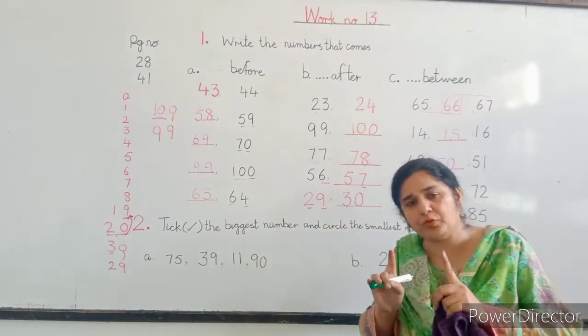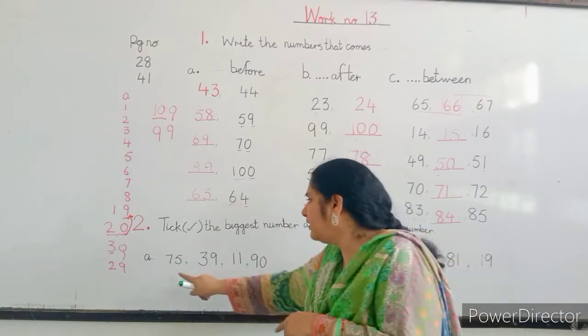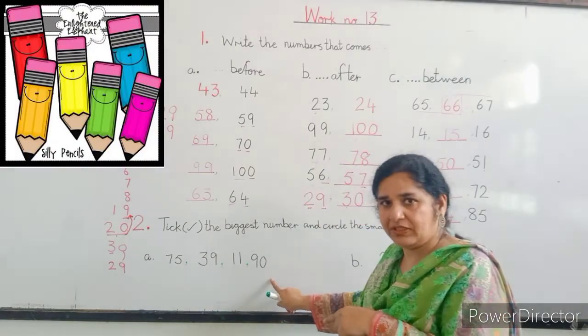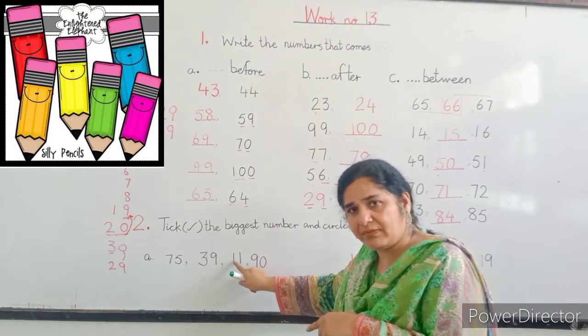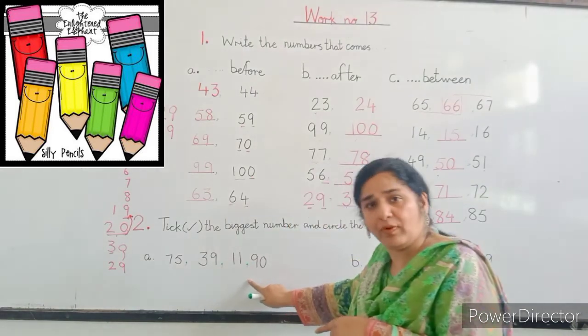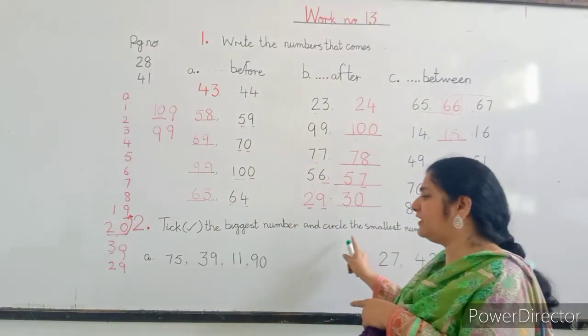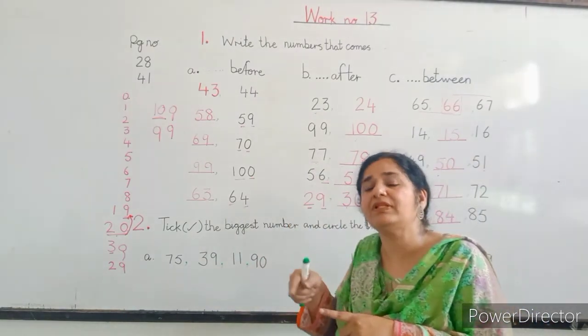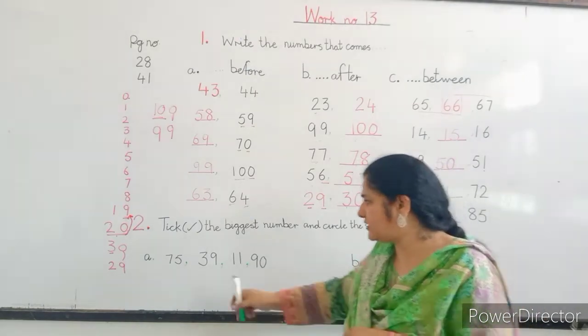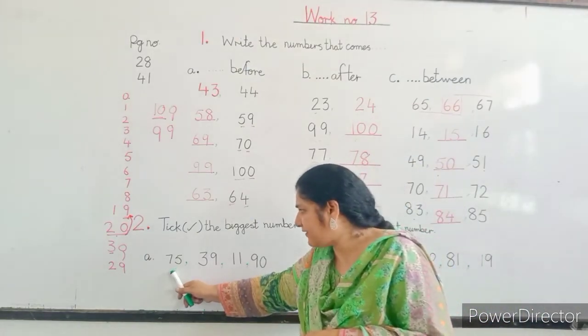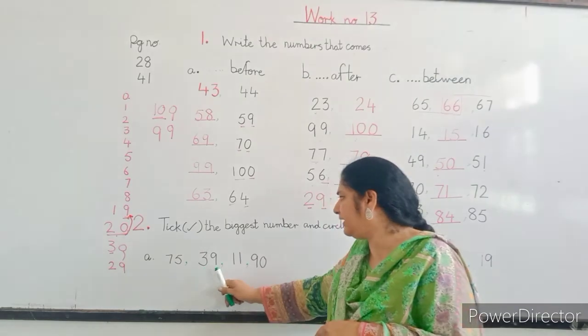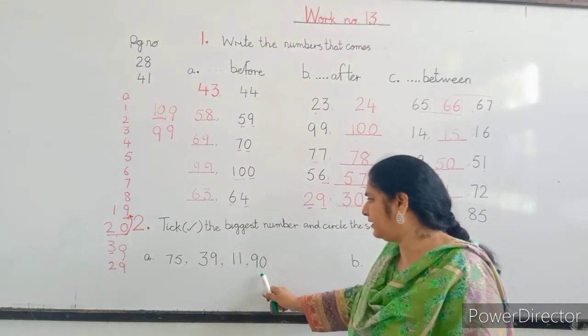Here we have to do two things in one question. We have to tick the biggest number, and from the same question we will find the smallest number and then we will circle it. Now see, look here, 75, 39, 11 and 90.